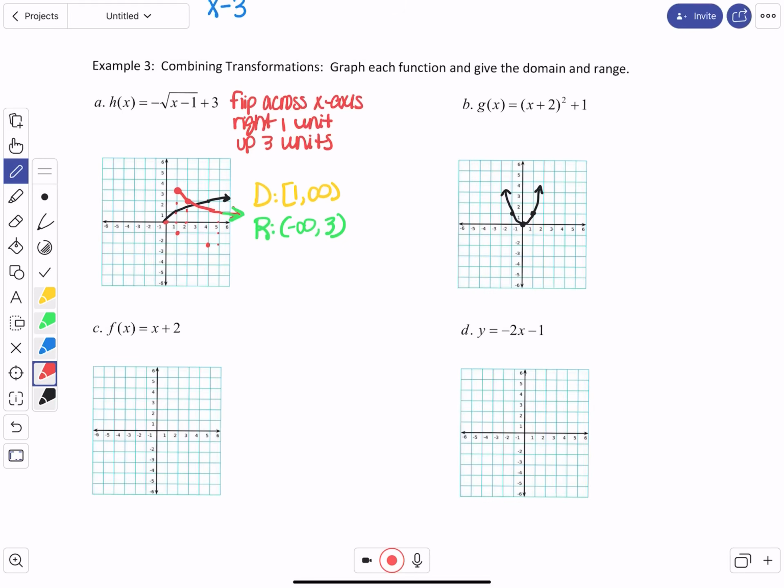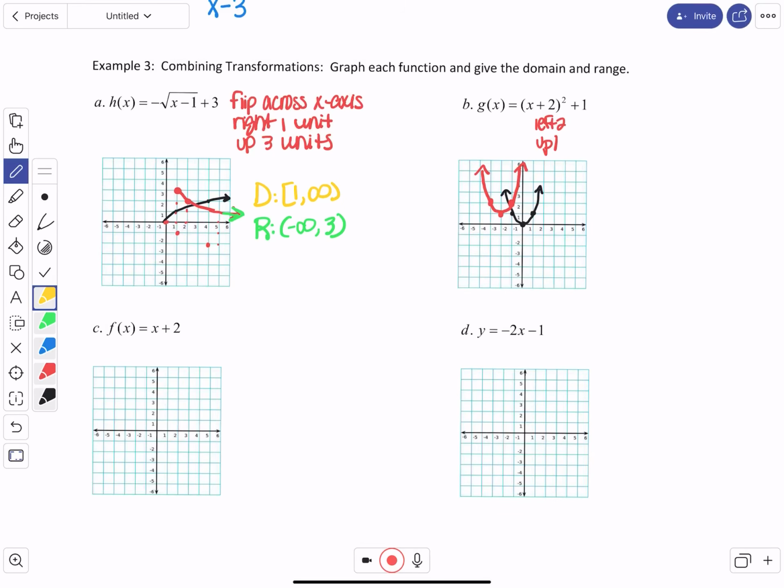Now, what's going on in this graph is we would be going left 2, up 1. So every point would be going left 2, up 1. So left 2, up 1, left 2, up 1, left 2, up 1. So here is our new parabola.